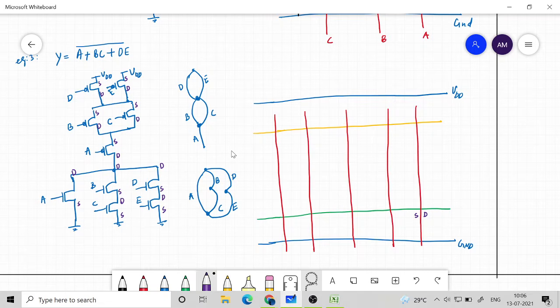Anybody, if you get an idea, let me know. Both graphs I can order in the same manner.